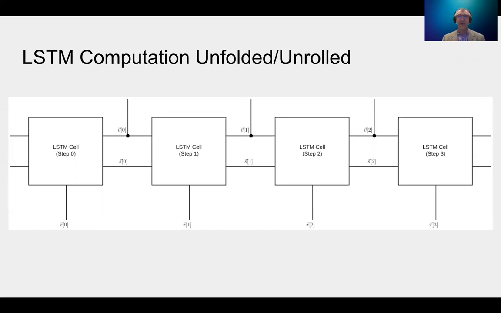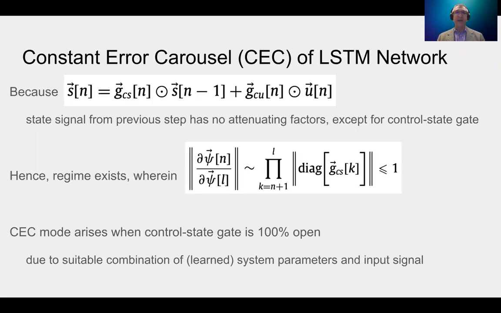For instance, to be transformed into an output sequence. By taking another look at the central equation of the LSTM network, we can see that a mode of the system exists where the error gradient is propagated unattenuated for any length sequence.